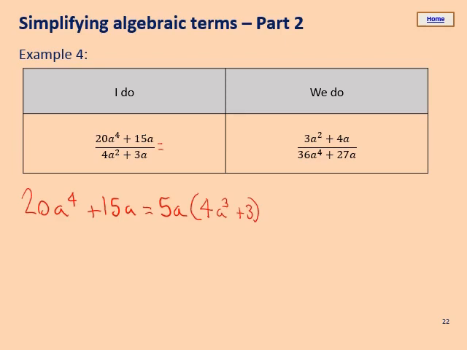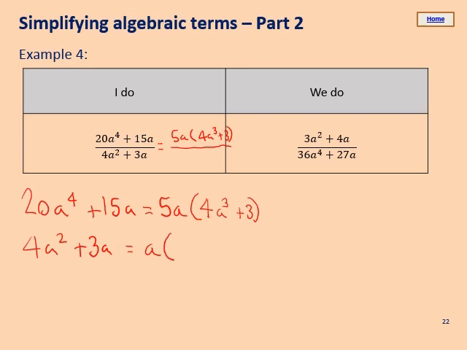So I can replace the top of this fraction with this: 5a bracket 4a cubed plus 3. And then on the bottom, I've got 4a squared plus 3a. Again, factorise that. The highest common factor of 4a squared and 3a is going to be a in this case.